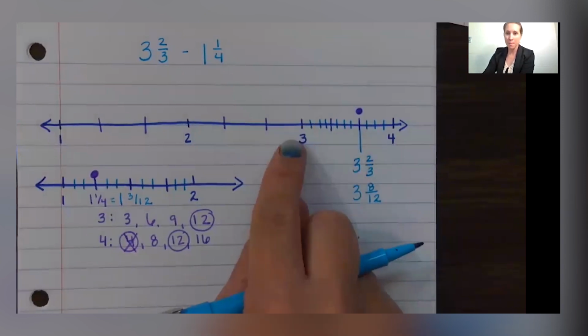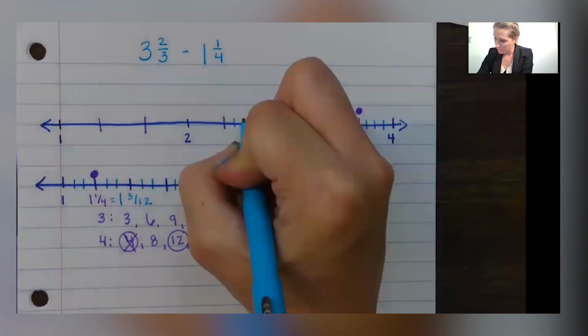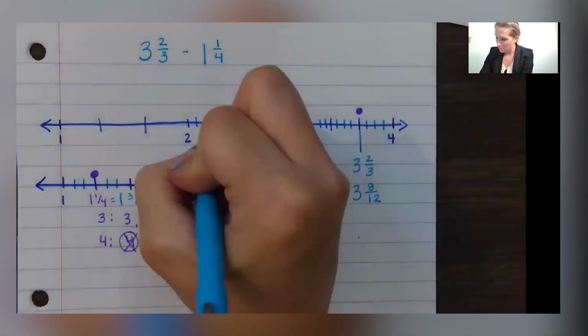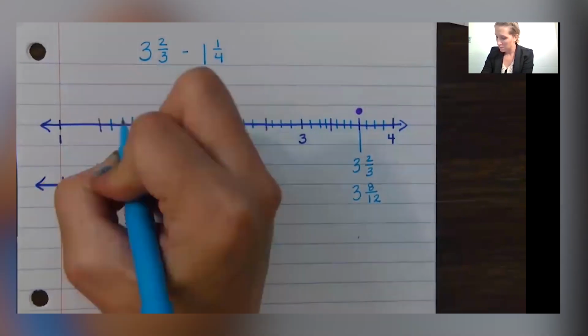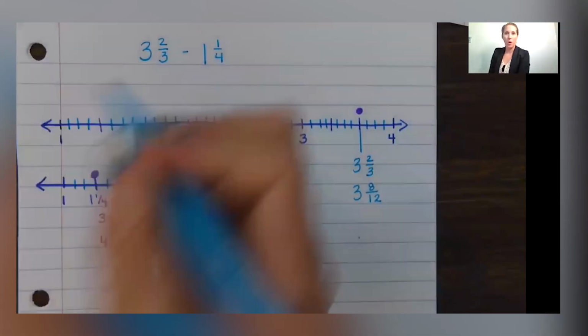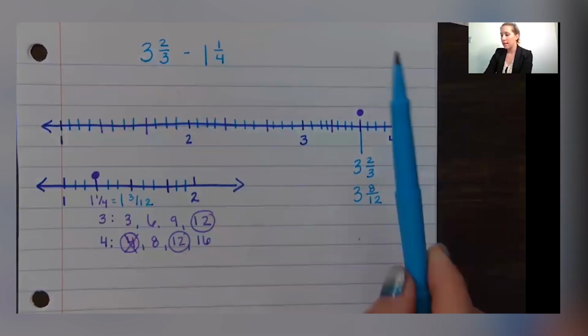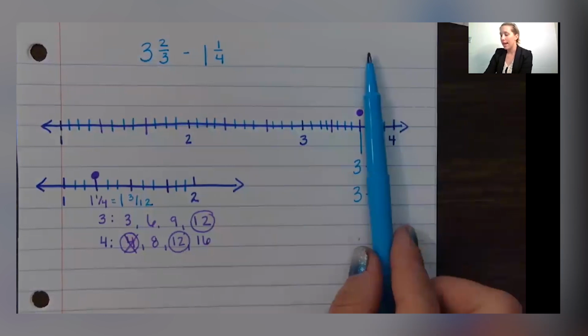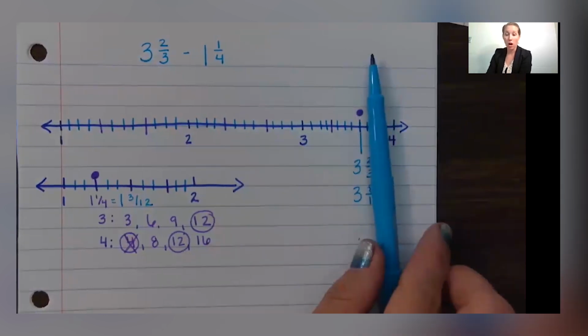Can you do that for me? Okay, so now we can go ahead and subtract 1 whole. Are you ready? Let's start at 3 and 2/3 or 3 and 8/12, and I want to take away 12/12 or a whole.